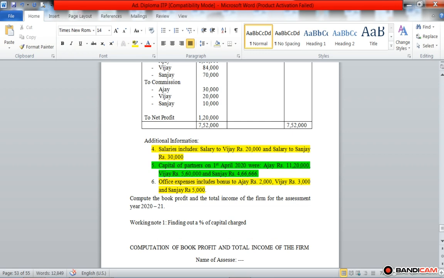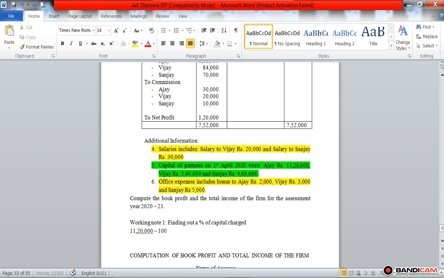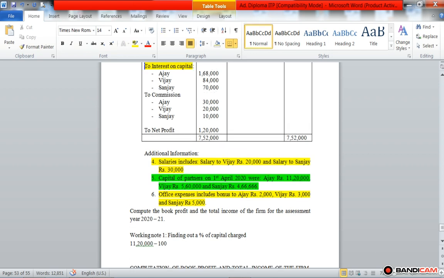Capital is given, so capital of Ajay, that is 11,20,000, is equal to 100%. Then for rupees 1,68,000, how much percentage?